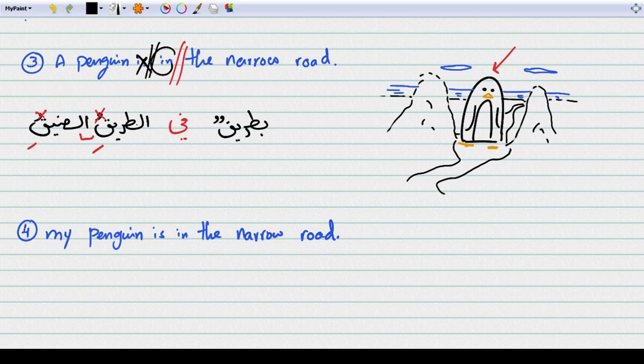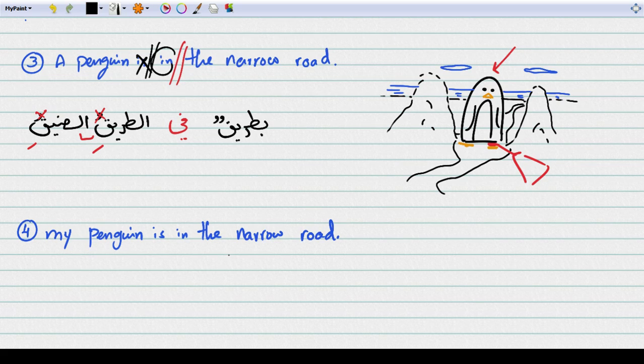Okay, now let's go to the next sentence, which says now that this penguin is mine. So I put a tag on this penguin. It's mine. Now, how do you translate this?